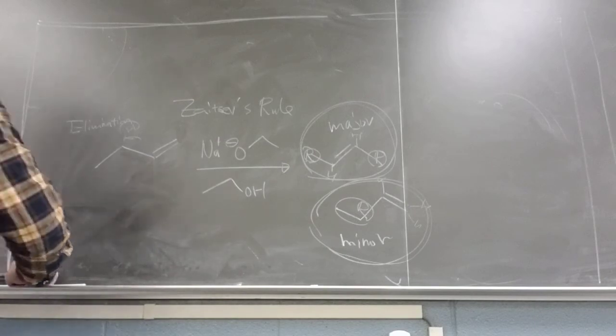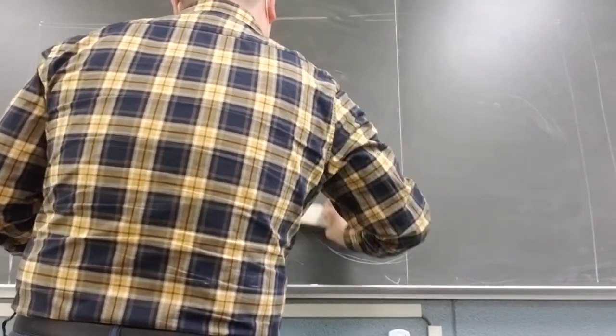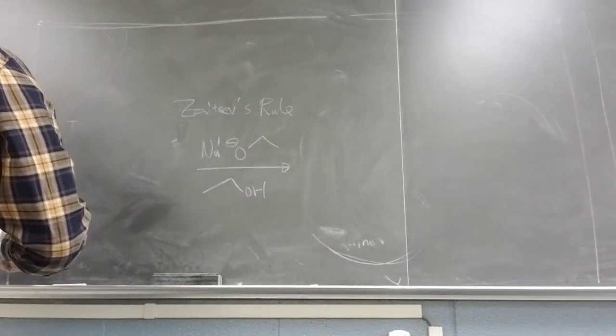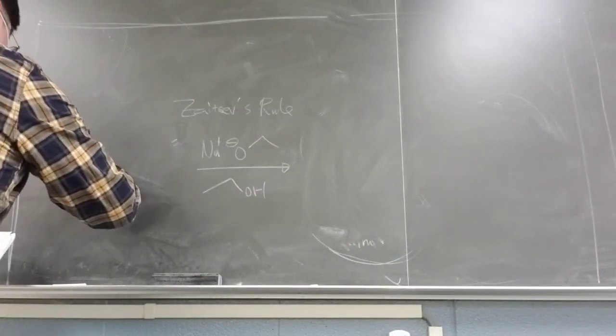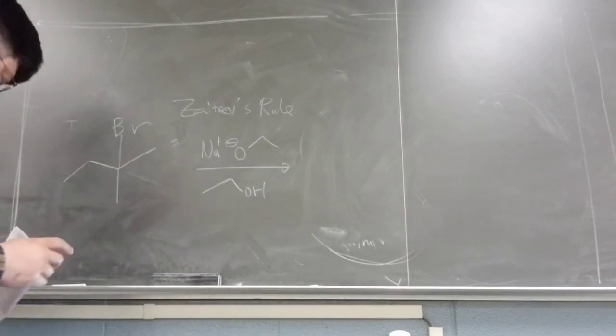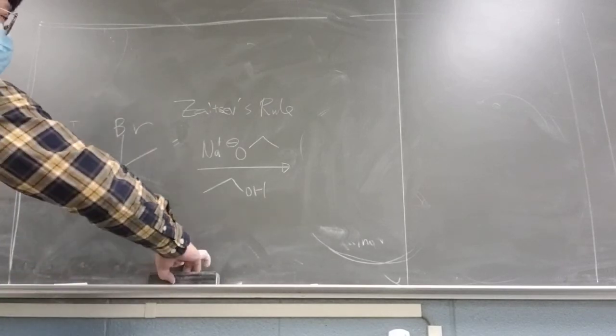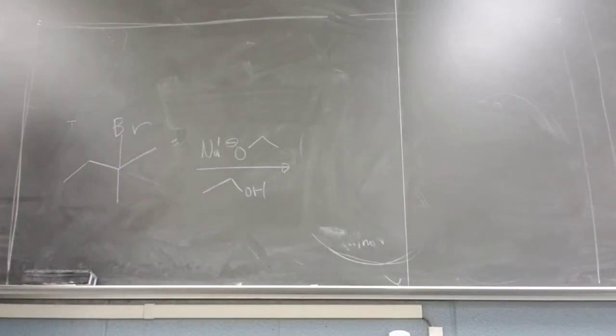Okay, let's do one more. This is also what we did on Wednesday. Let's try this one real quick. Same thing. Try to find the most substituted alkene as your major product, and the other one would be the minor because it will be less substituted.